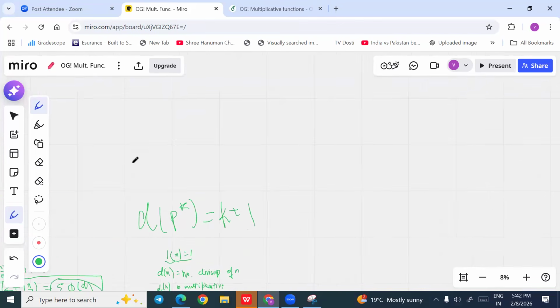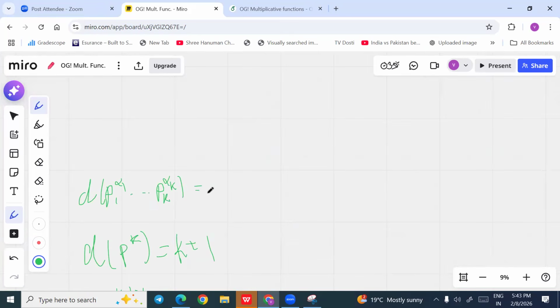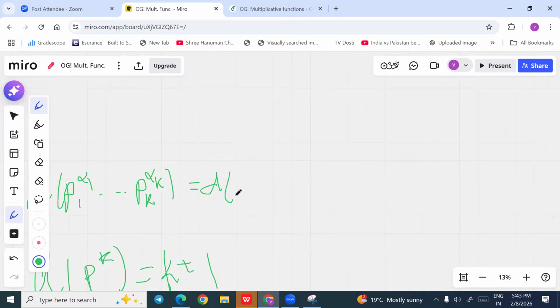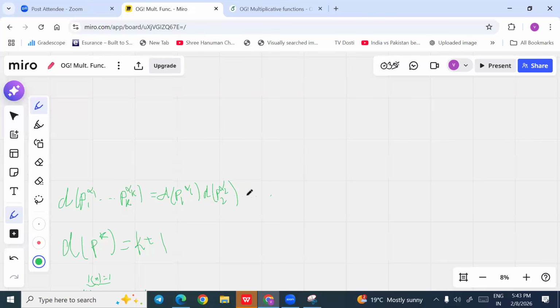Then I have d of n in general, because for any positive integer I can take its prime factorization, and since d is multiplicative, I'll write it as d of p1^alpha1 times d of p2^alpha2 and so on till d of pk^alphak.